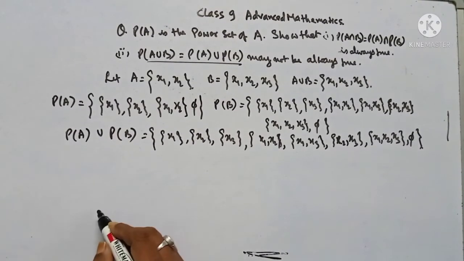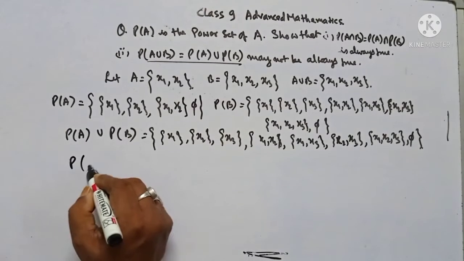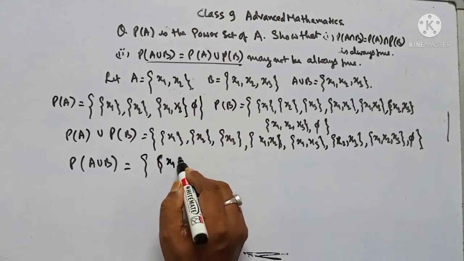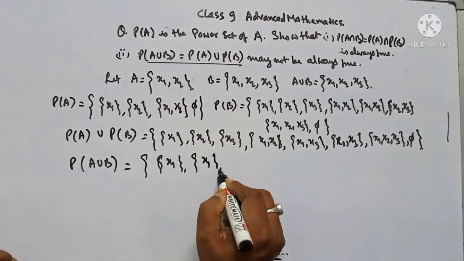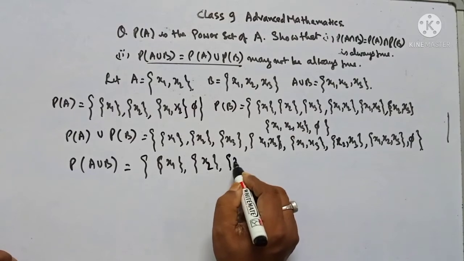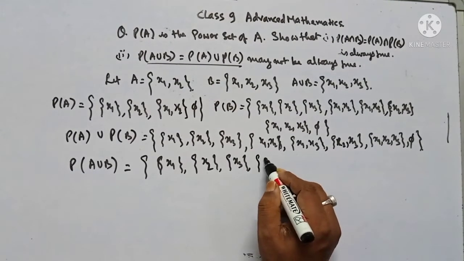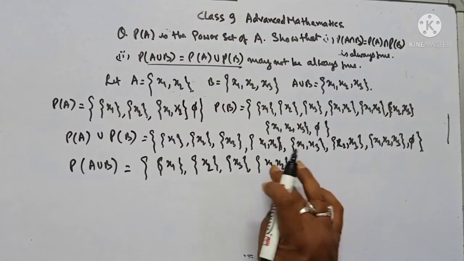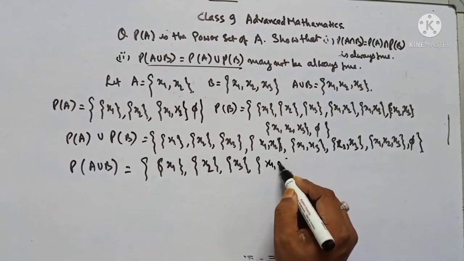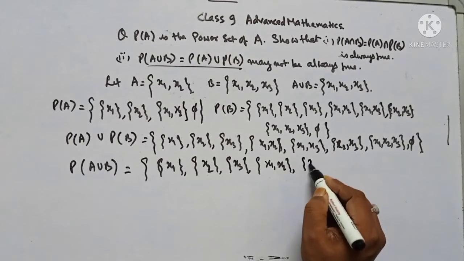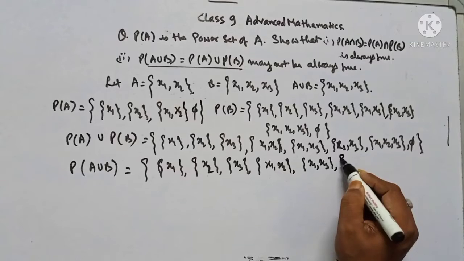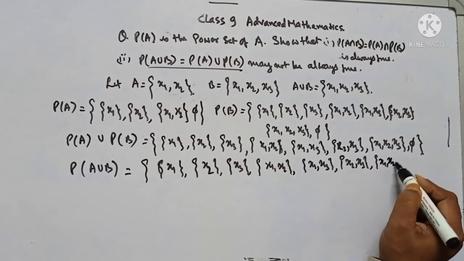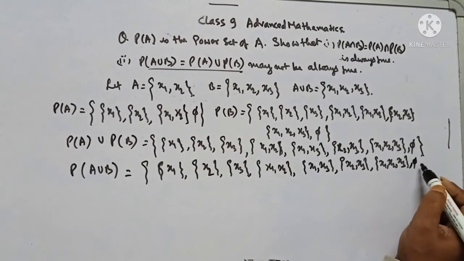This will be P(A ∪ B), and here your P(A ∪ B), this will be the same: {x1}, {x2}, {x3}, {x1, x2}, {x1, x3}, {x2, x3}, and this is {x1, x2, x3} and then phi.